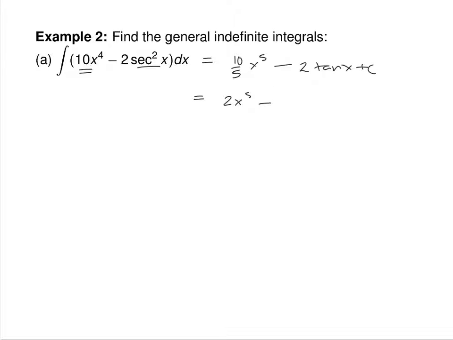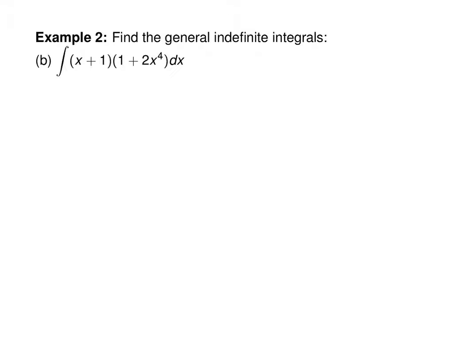So 2x to the 5th minus 2 tan x plus c. You add the c because you're not doing the bounds, and then that symbol just means find an antiderivative. And the most general one would include plus c.